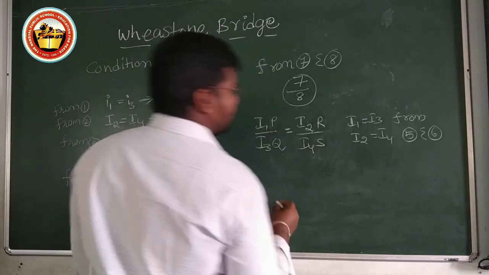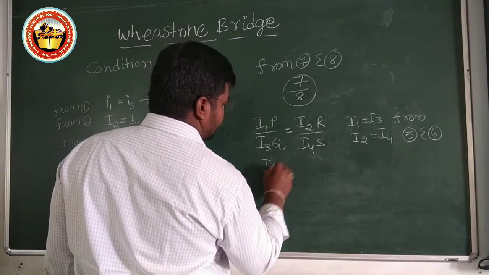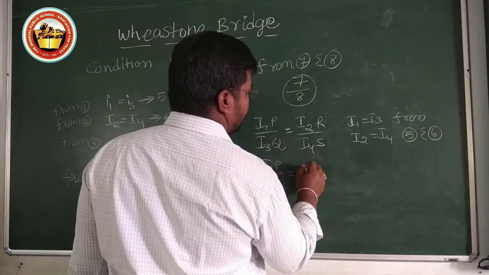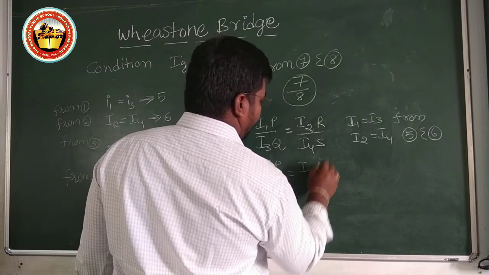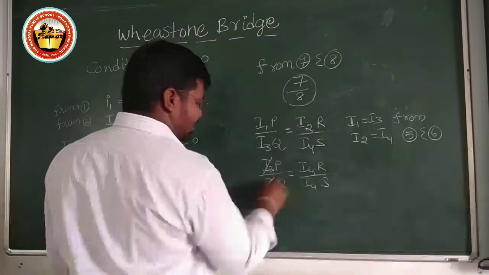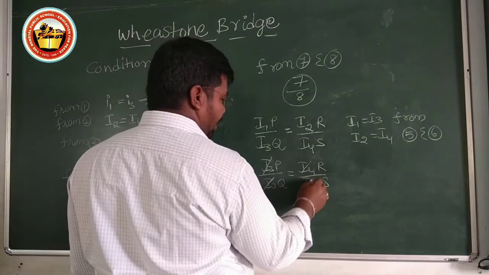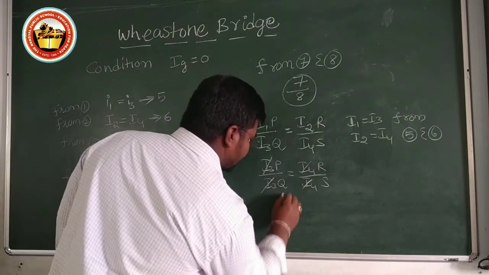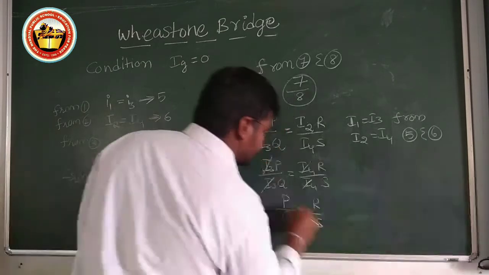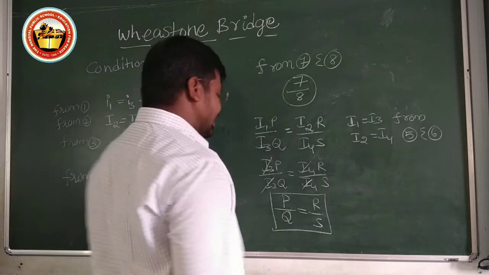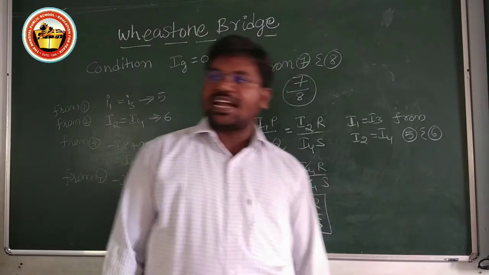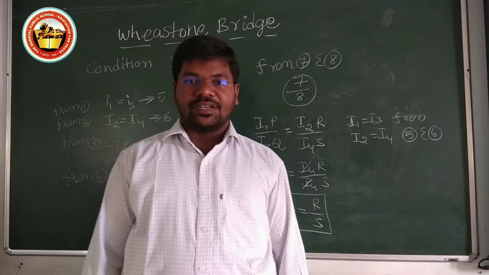So we get I3 P divided by I3 Q is equal to I4 R divided by I4 S. I3 gets cancelled, I4 gets cancelled. We get P by Q is equal to R by S. So this ratio is the balanced condition of the Wheatstone bridge.